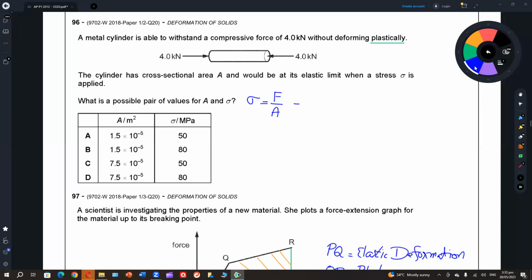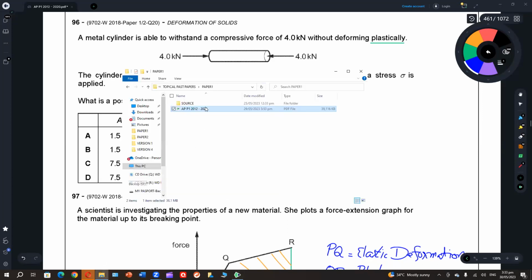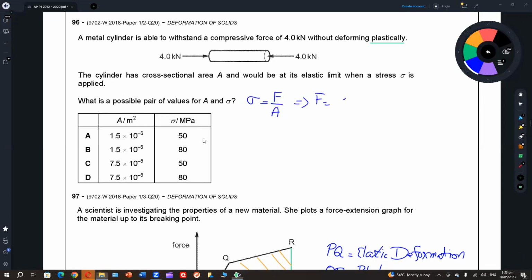So let's make force the subject. Force will be stress into area.